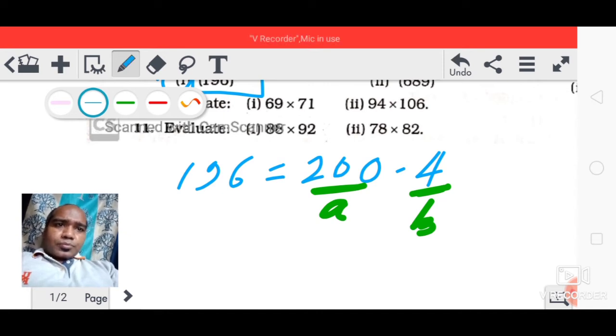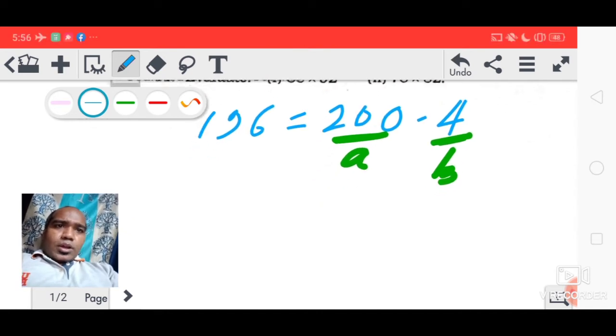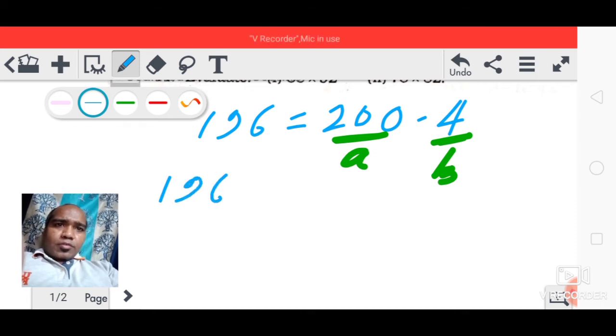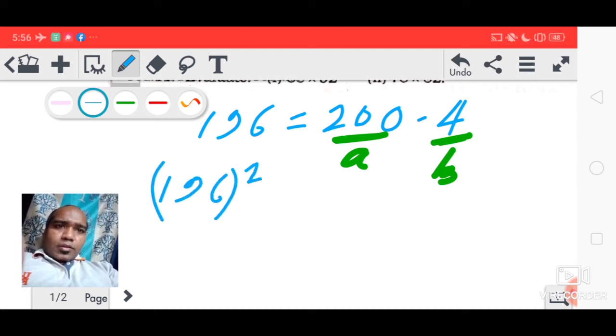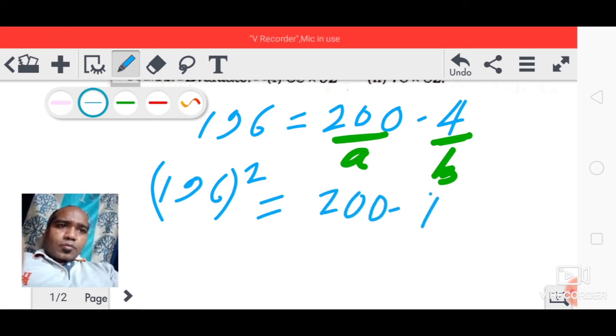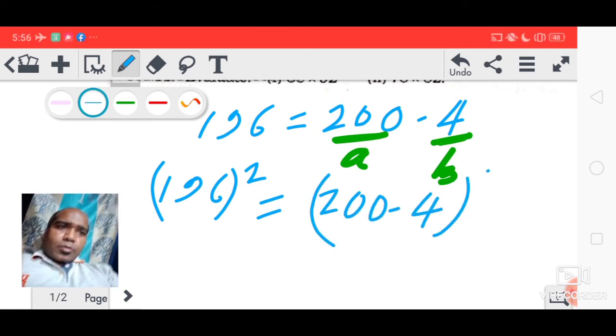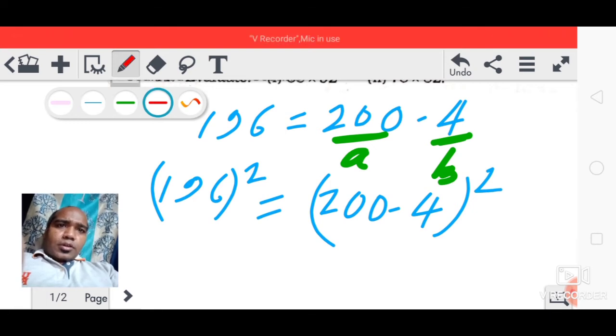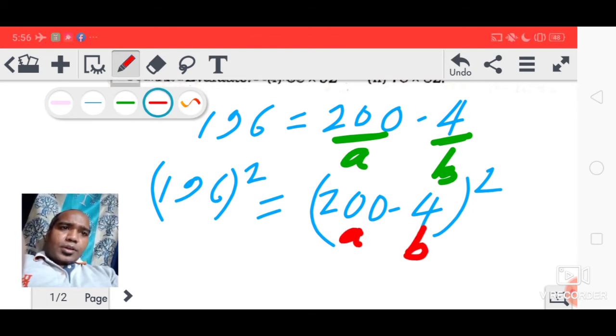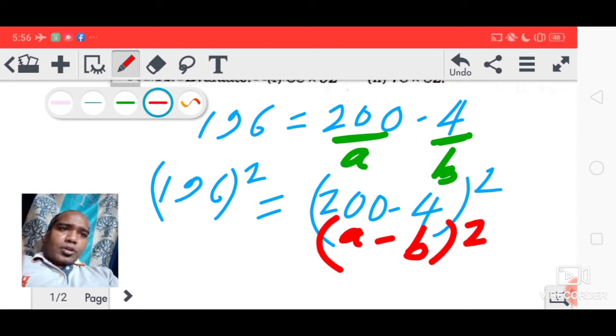Now 196 square we can write as 200 minus 4 square. This 200 is a and 4 is b, so it is in the form of a minus b whole square formula.